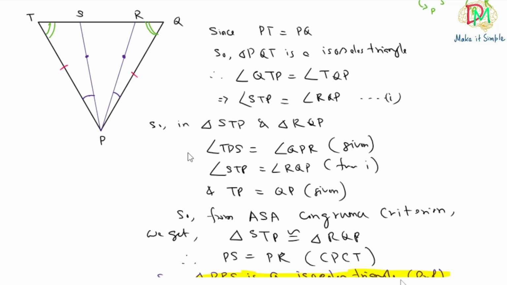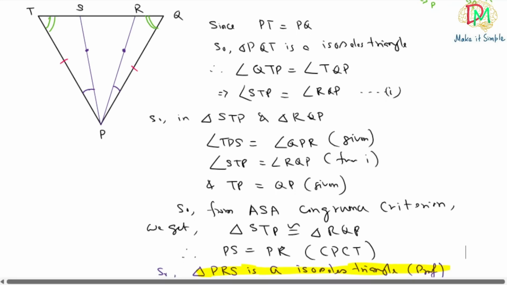Next you apply the congruency rules, and obviously you have to remember all 5 rules of congruency of triangles, otherwise you can apply the concept. Clear? Thank you very much for watching this video.